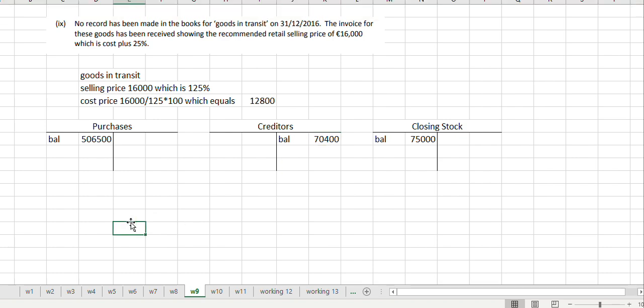Okay, so now we can deal with it. We are taking the cost price for all three. We are debiting purchases, 12,800. We are crediting creditors, 12,800. And we are debiting closing stock, 12,800. So in other words, you are adding to everything. You're adding 12,800 to purchases, 12,800 to creditors, and 12,800 to closing stock. So we get 519,300.